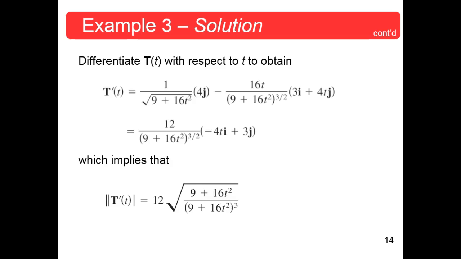Well, the plus 64t squared and the minus 64t squared go out. They add to 0. And that left us with 36j over this thing. So there's your factor of 12, and there's your 3j over that thing.